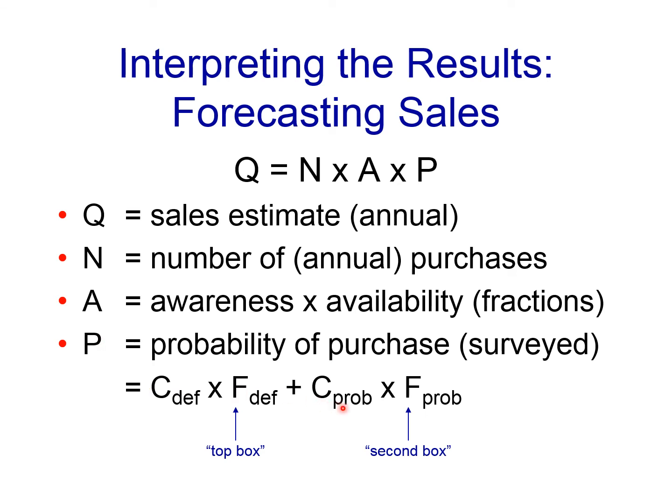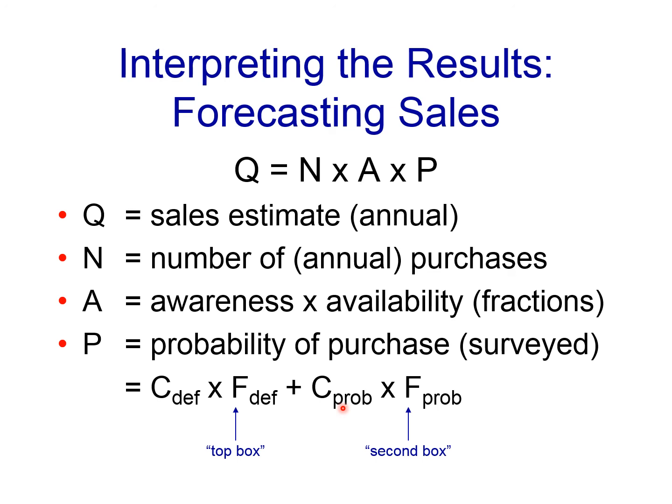C def and C prob are calibration constants set based on experience with similar past products. They are discount factors. By what fraction do we discount the number of people that said they will definitely or probably buy the product? This reflects the bias of respondents to overestimate purchasing the product.